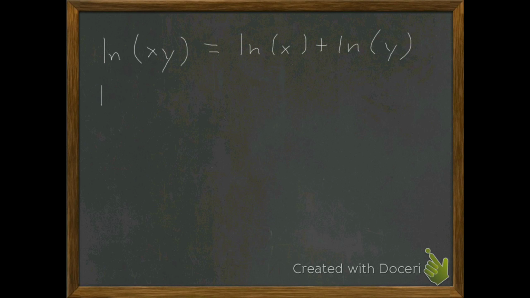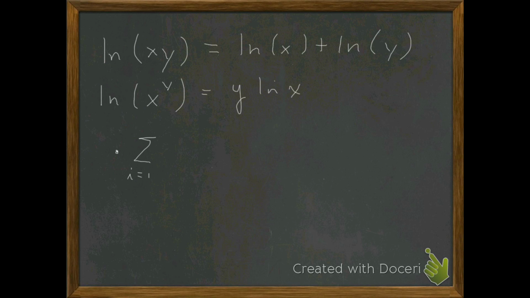If we take the natural log of x to a power y, this is the same as y times the natural log of x. I hope we don't need this, but you never know.